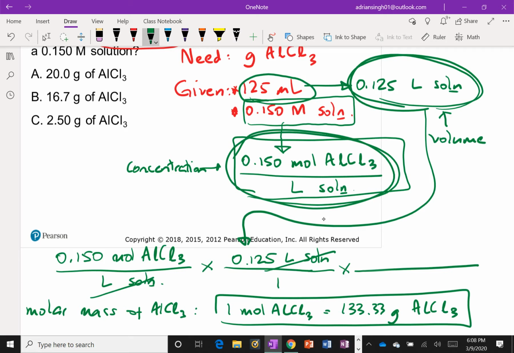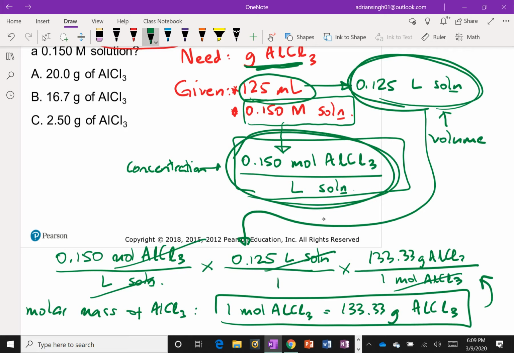We're now putting it into this relationship, just like we did previously, so the units are guiding us. We want to end up with grams of our thing, so grams goes on top. 133.33 grams of aluminum chloride for every 1 mole of AlCl3. Moles cancels all the way up here. And we get grams of the solute in this case.